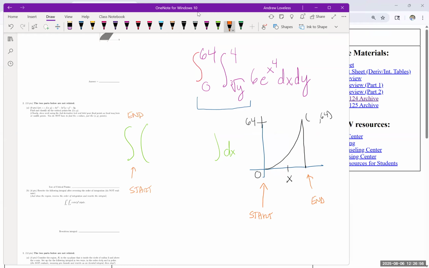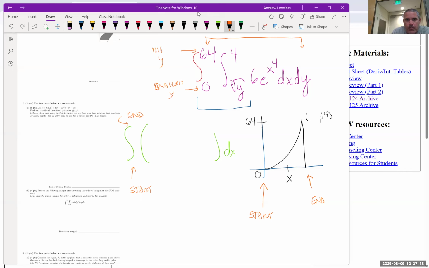Will it ever be the biggest and smallest that y can be? In general, it'll be the biggest and smallest of whatever variable you have here. So this is the biggest y, this is the smallest y, and this is going to be the biggest x and the smallest x.